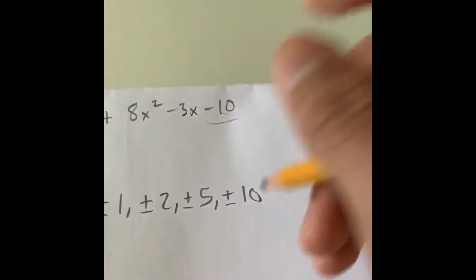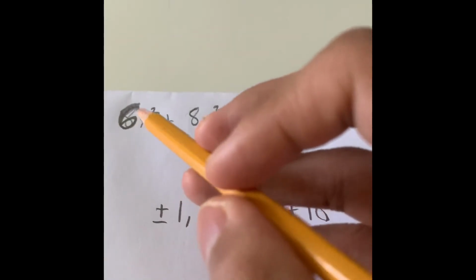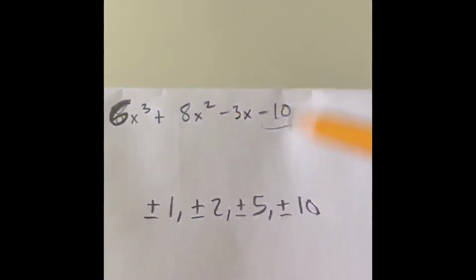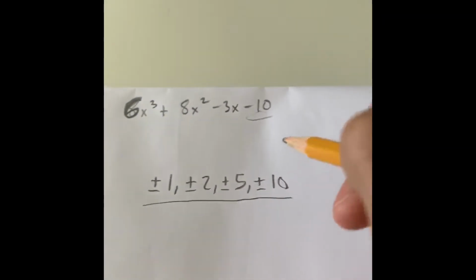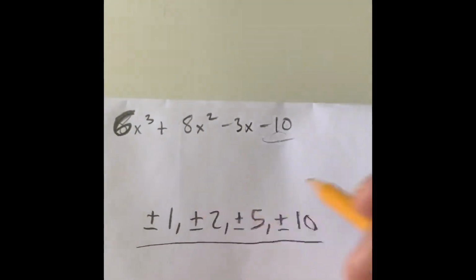Now, this is not over. If the coefficient of the leading term was 1, this would be over, but it's not. It's 6. So since it's 6, add a line here, and we have to take the factors of this and divide them by all of these.